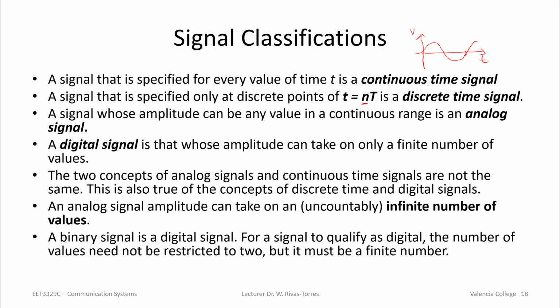How often am I going to look at the signal? And I'm going to look at the signal at the same increment in time. So if I'm looking at my little sinusoid here, I might take a sample at 0. Let's say I take a sample at 1. I'm trying to draw a little circle here. Another sample here, another sample here.